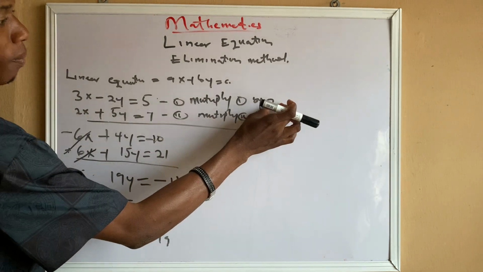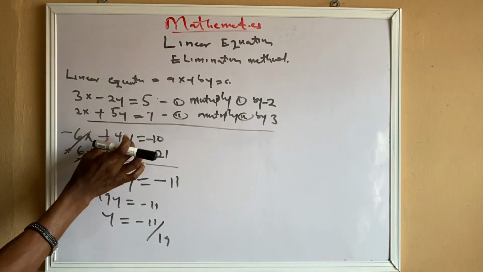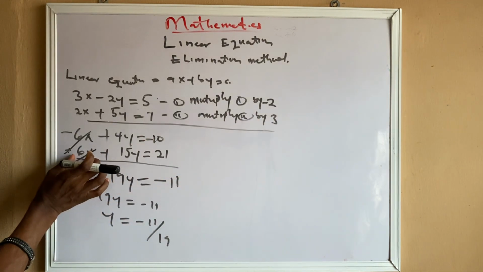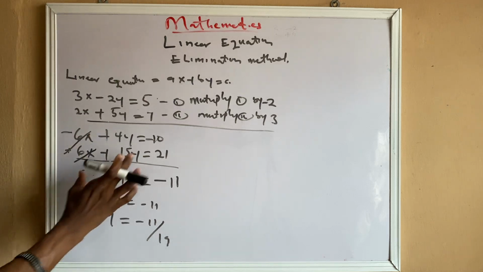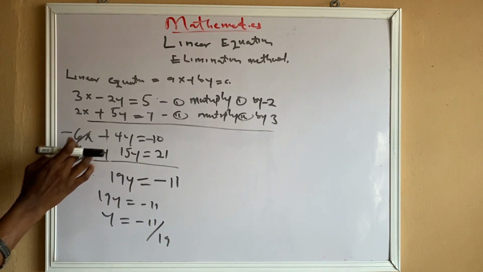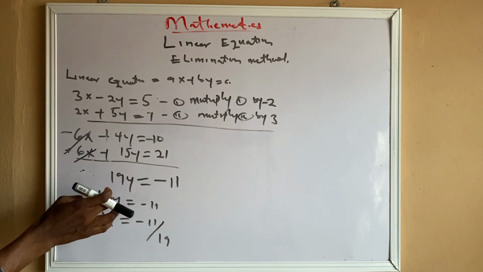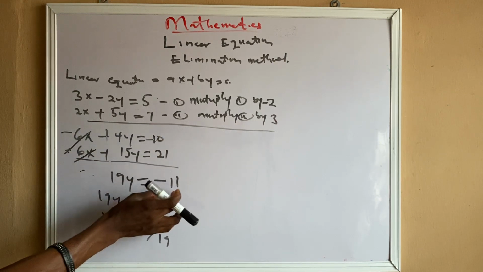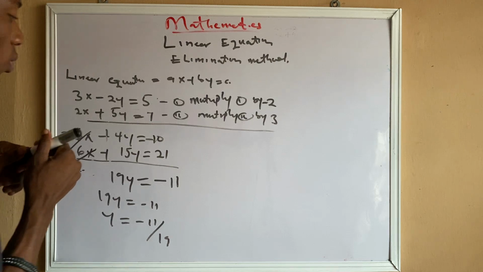Now we are having minus 2 multiplied throughout: minus 6x plus 4y equals minus 10. And this one: plus 6x plus 15y equals plus 21. Now we have already cancelled the minus 6s and plus 6s. Plus 4y plus 15y is 19y, equals minus 10 plus 21, which is 11. So you have found the value of your y. Now let's find the value of our x.